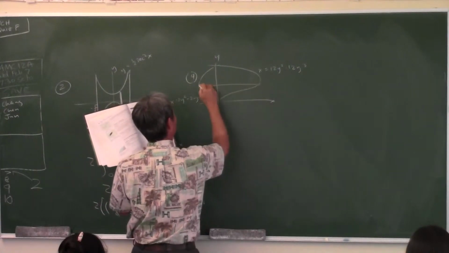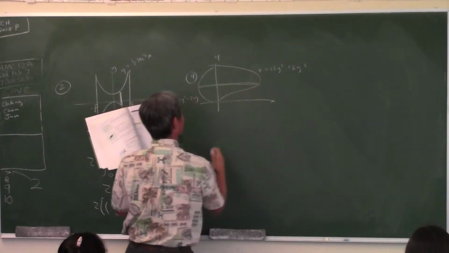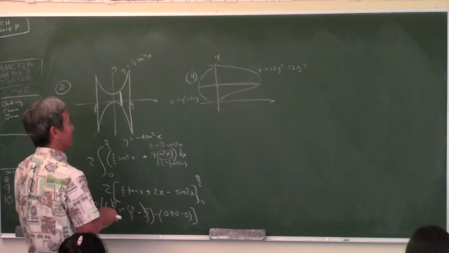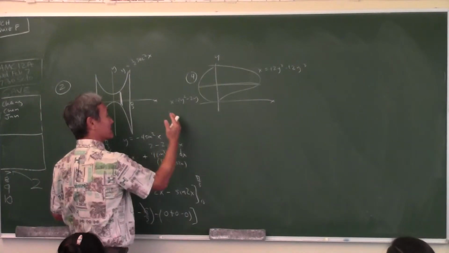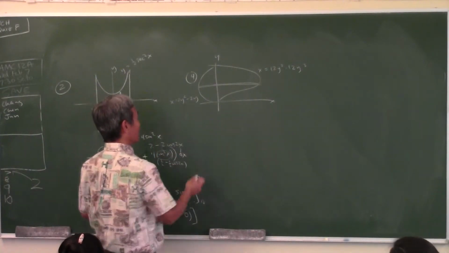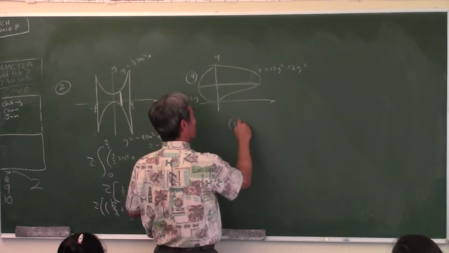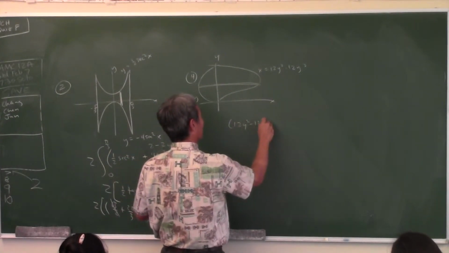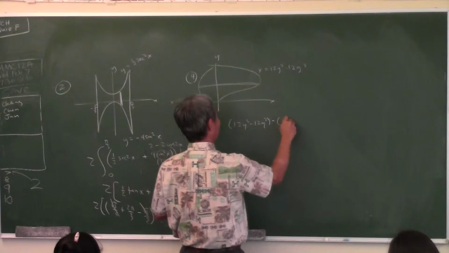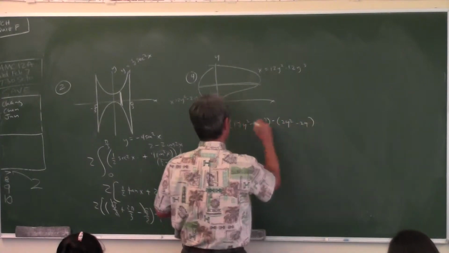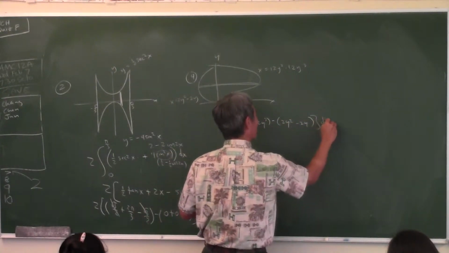So how come this one we want to make horizontal rectangles? Yeah, because the equations are given as x equals, right? That's a huge hint. So the length of the rectangle is right minus left multiplied by the infinitesimal width.